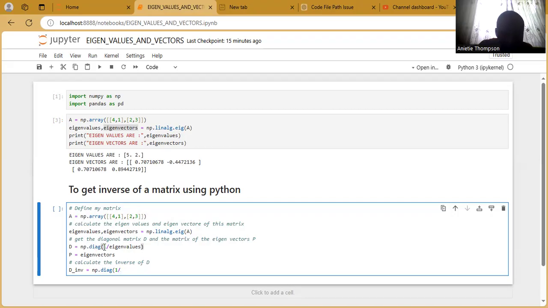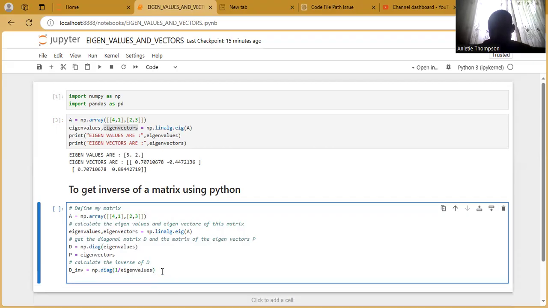Please, I'm going to take this out from here. This is not supposed to be here. Copy this value, Control C, and place it here. This is where it belongs, Control V. So 1 over the eigenvalues is for the inverse of D. The other one is supposed to be the diagonal of the eigenvalues only. So remove the 1 over from here. Very sorry about that. So that's that for the inverse of it.